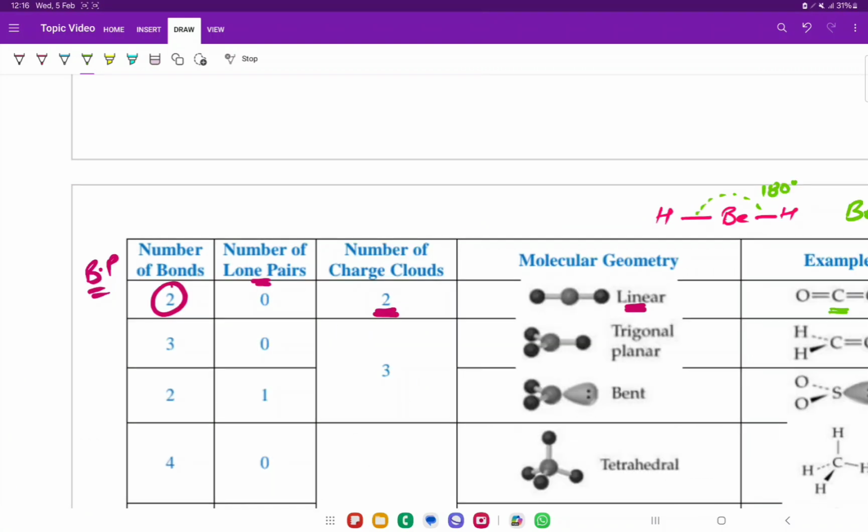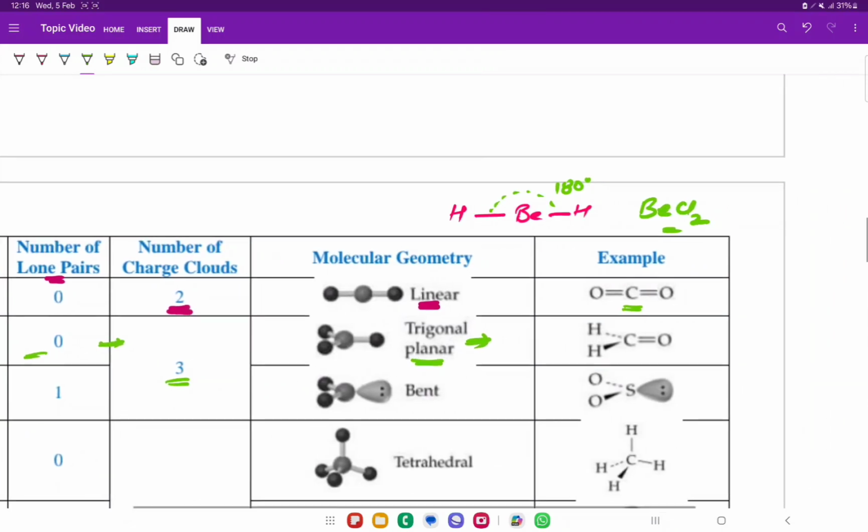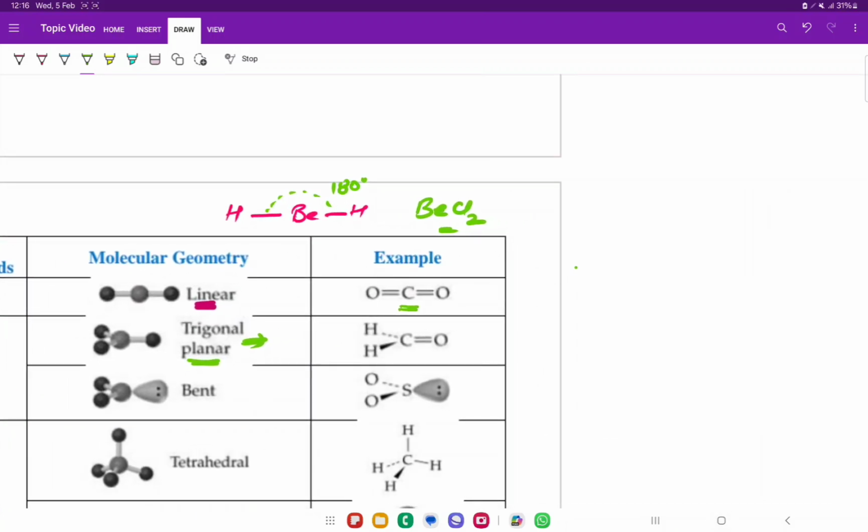Now if a molecule has 3 electron clouds and all 3 are bond pairs, no lone pair, then the shape and geometry of the molecule will be regular. The regular shape and geometry with all 3 bond pairs is trigonal planar. The most common example is boron trifluoride, BF3, in which the 3 BF bonds are arranged at an angle of 120 degrees with each other, giving a trigonal planar shape to the molecule.